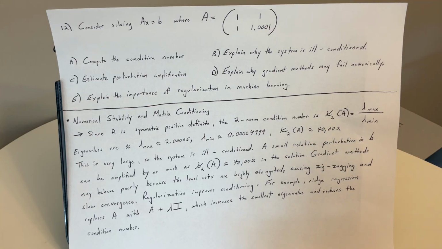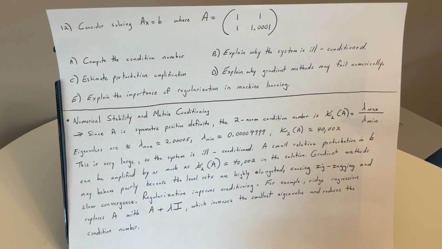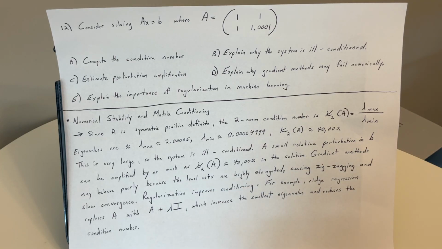Kappa sub 2 of A is about 40,002. And this happens to be very large, so the system is ill-conditioned. A small relative perturbation in b can be amplified by as much as kappa sub 2 of A, about 40,002, in the solution.